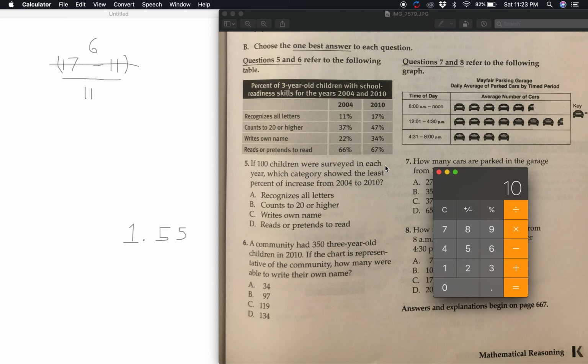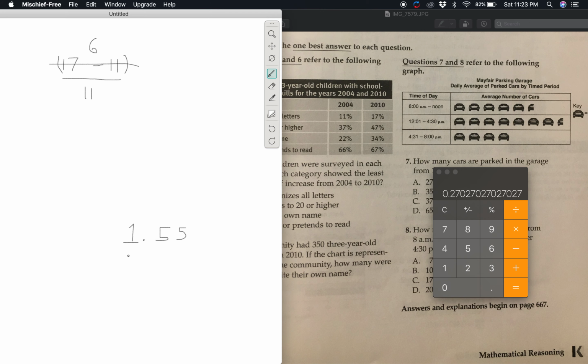So 10 divided by the original number, which is 37, equals 27. So number 2 is a 27% increase.